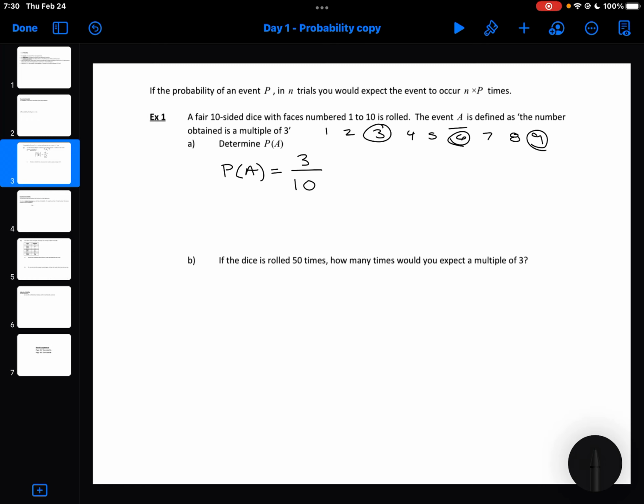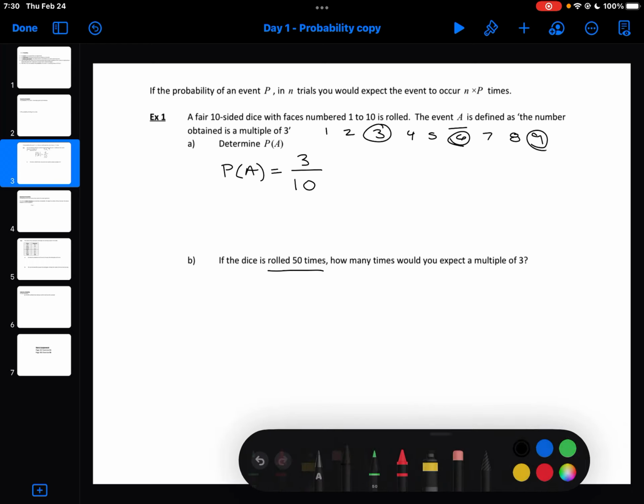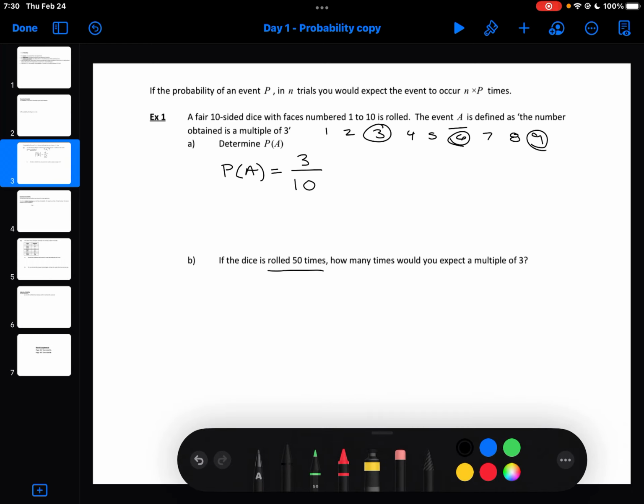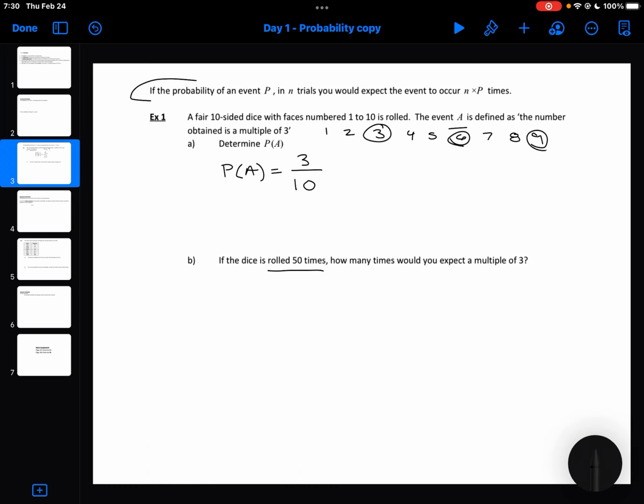Our next question is, if I roll the dice 50 times, how many times would you expect a multiple of 3? Going back up to the top, we've got this statement: if the probability of an event is P, in N trials you would expect the event to occur N times P times.